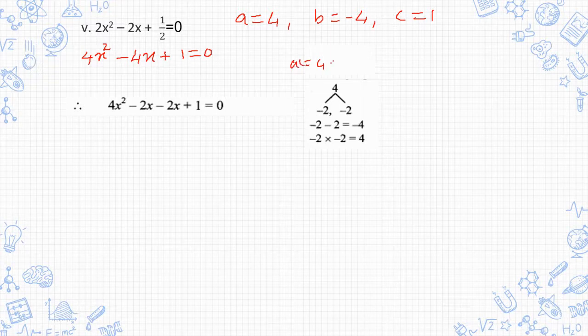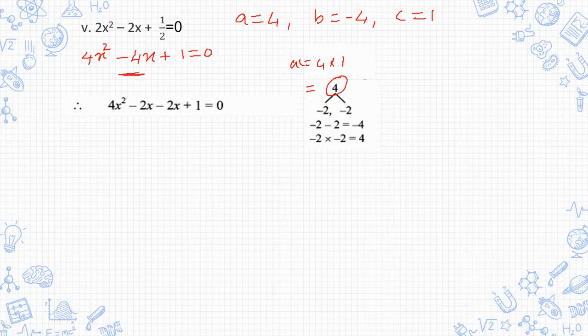So a into c will be 4 into 1, that is 4. Now 4 I want to split into two such numbers that after multiplying the numbers I should get plus 4, and after adding you should get minus 4, because minus 4 is the middle term.